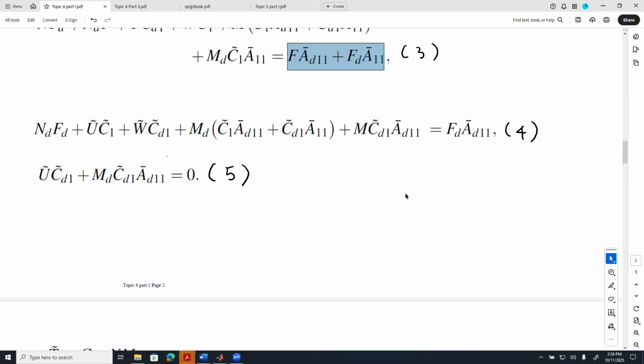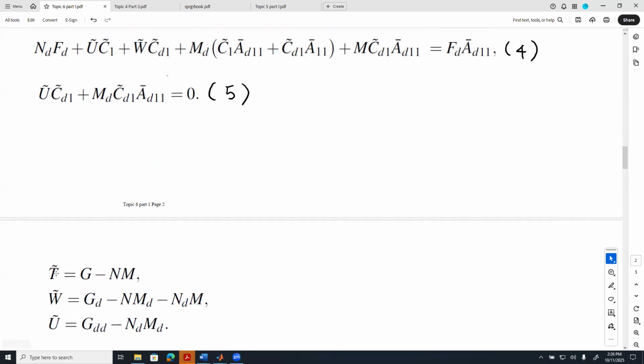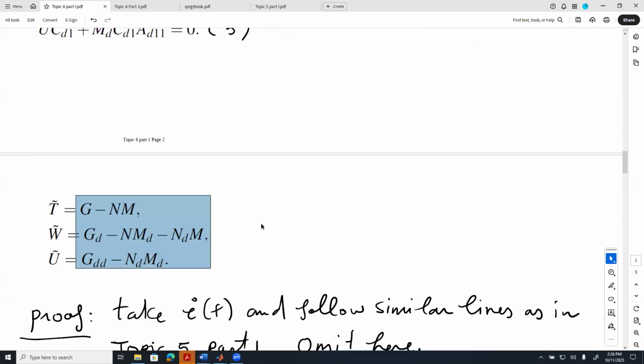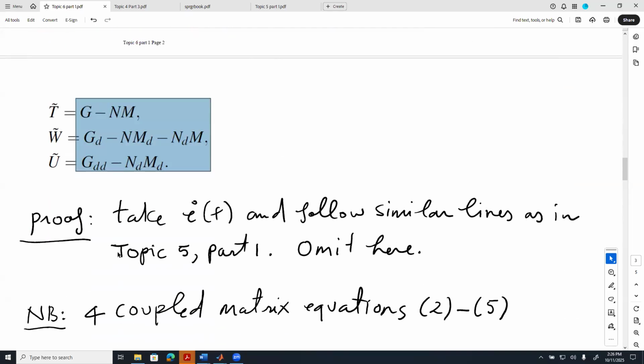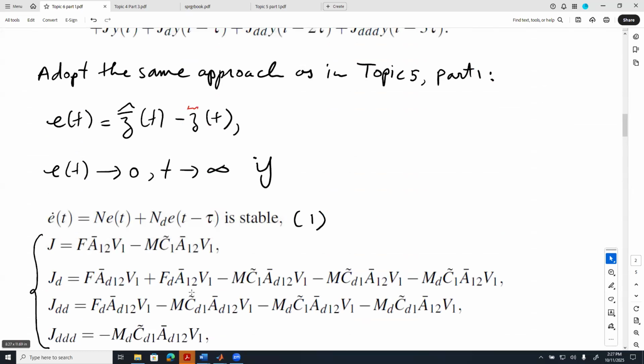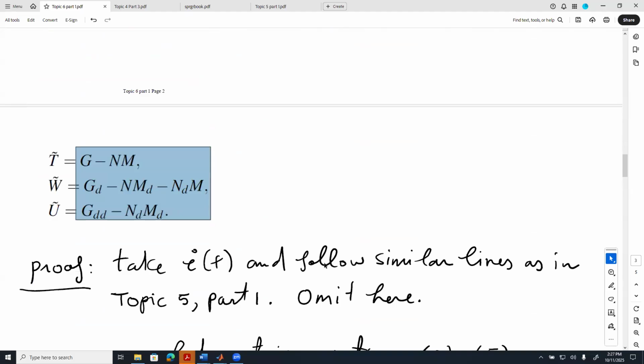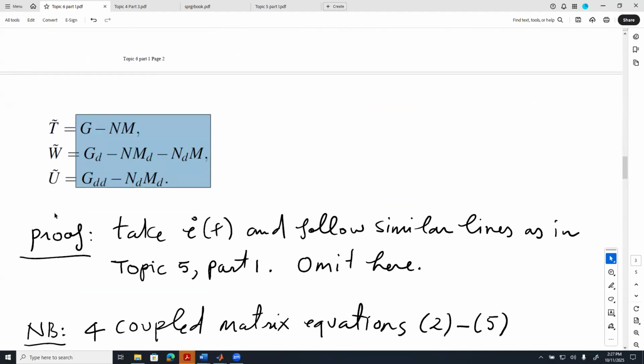The rest of the matrices are defined accordingly, as in the previous one. So that's the proof for obtaining the existence conditions expressed here, and we omit it because it can be done.